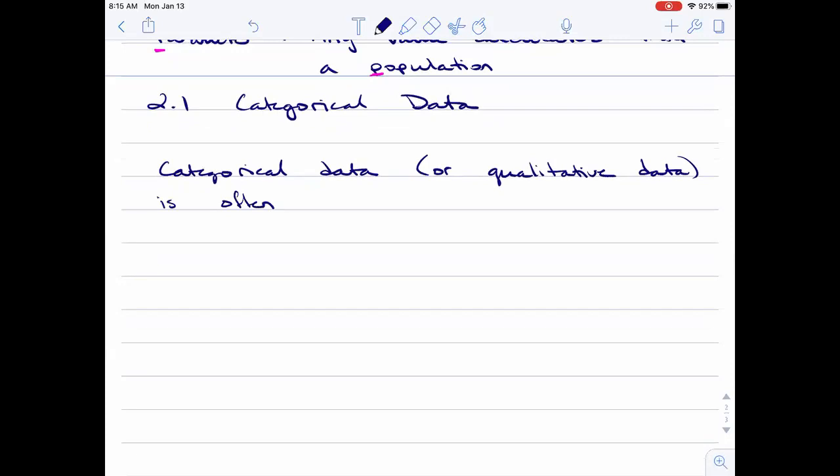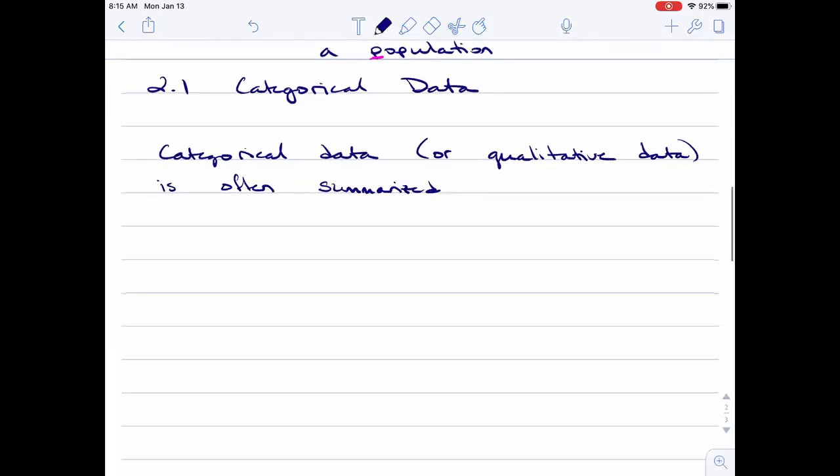Which we did already in the lab. Often summarized in a table. Think of pivot tables from the lab.